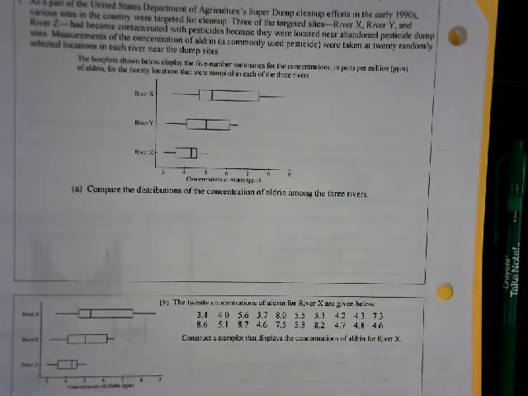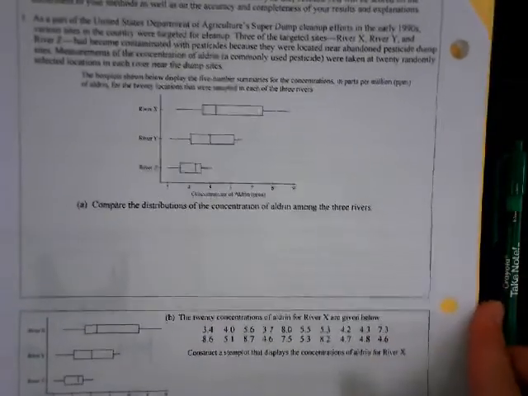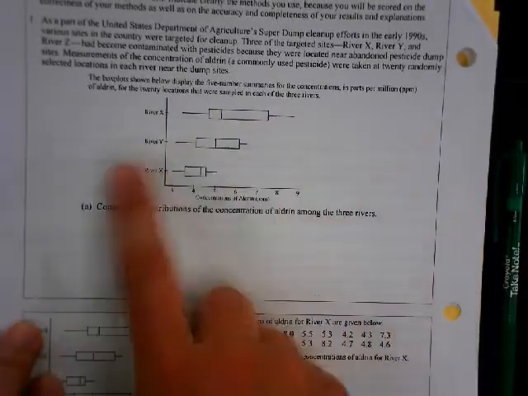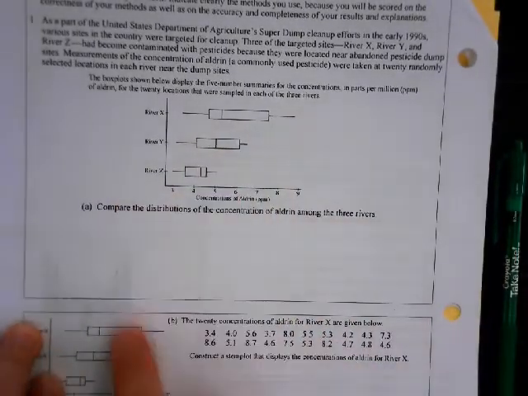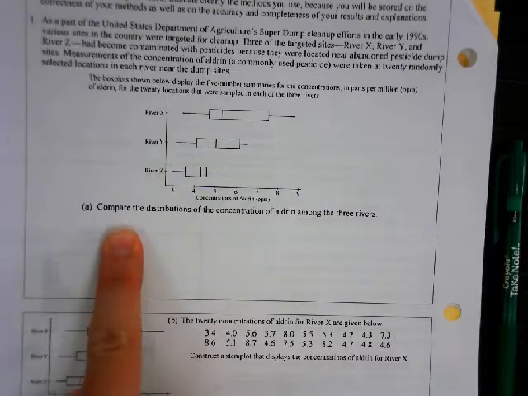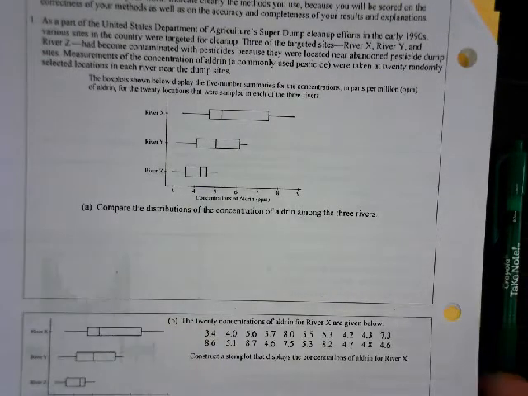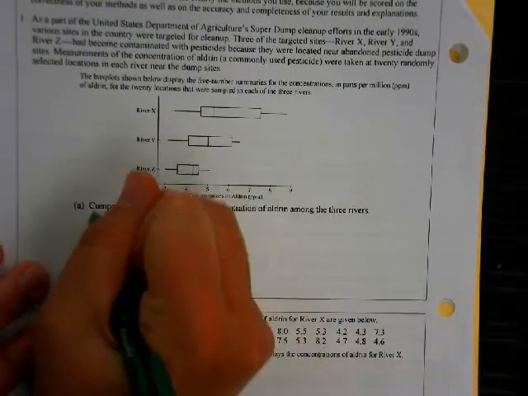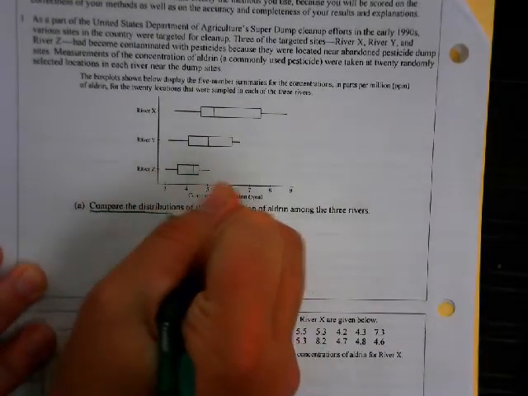Thank you. So we have our 3 box plots. We have River X up at the top, River Y, and then River Z. So the first part of this question is to just compare the distributions of the concentrations of aldrin among the 3 rivers.